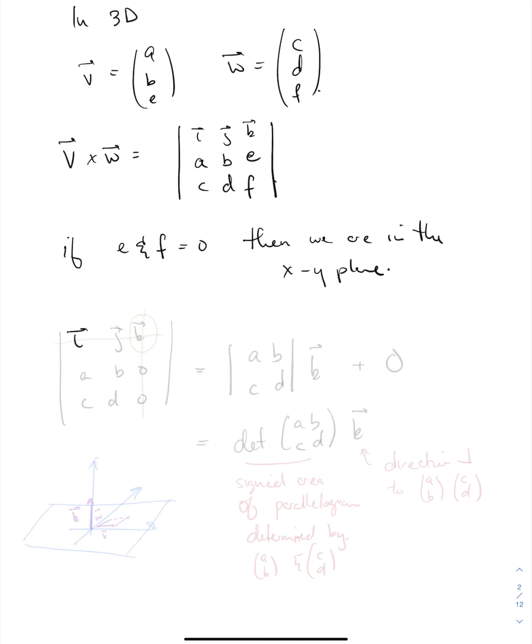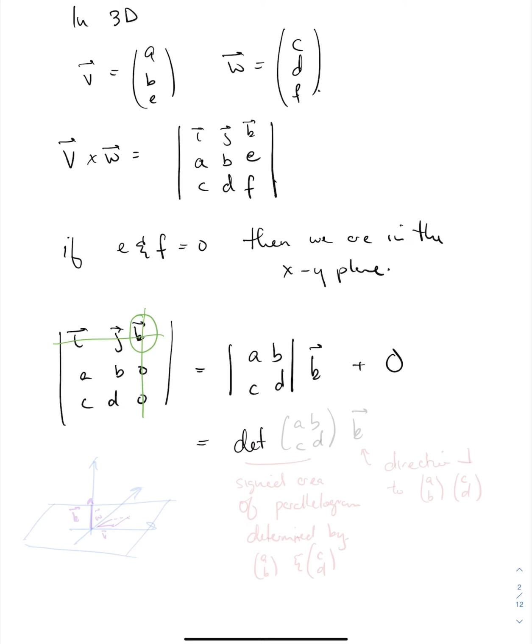Let's do this calculation. So a, b, 0, c, d, 0. If we were actually going to take the determinant of this, we could use the third column. Starting with this k, erasing that and that, we're going to get the determinant of a, b, c, d times k and a bunch of zeros, of course.